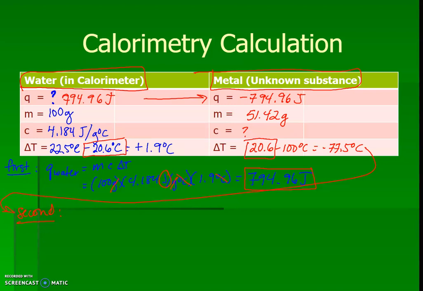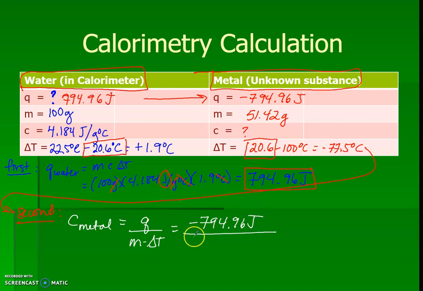And in this second part, we're going to figure out what the specific heat of the metal is. So we're going to rearrange into C equals Q over m delta T. My Q is negative 794.96 joules. I'm going to have a mass of 51.42 grams, and then a delta T of negative 77.5 degrees Celsius.